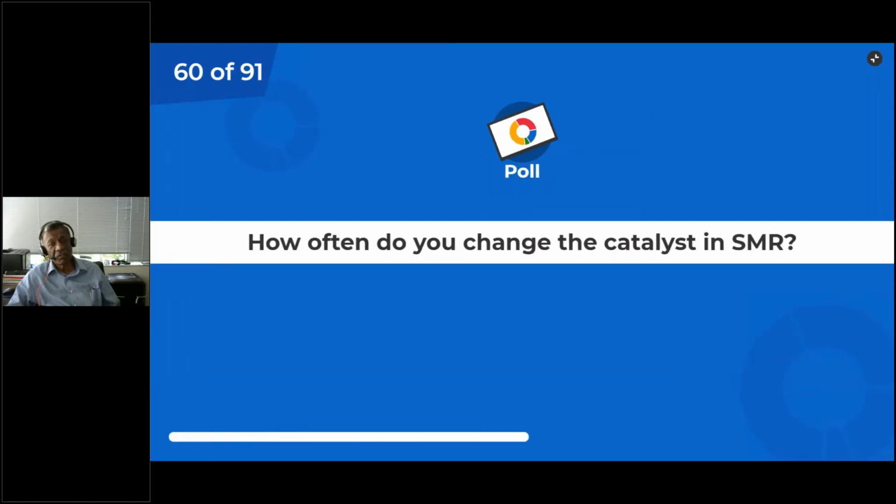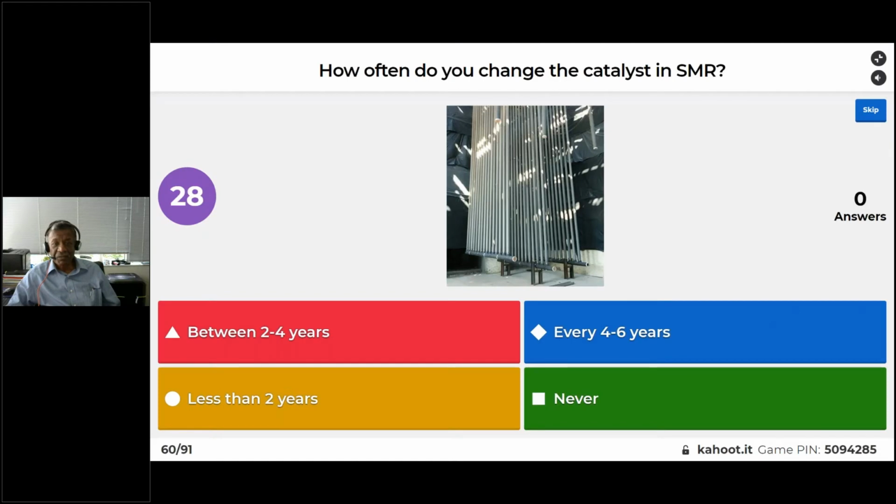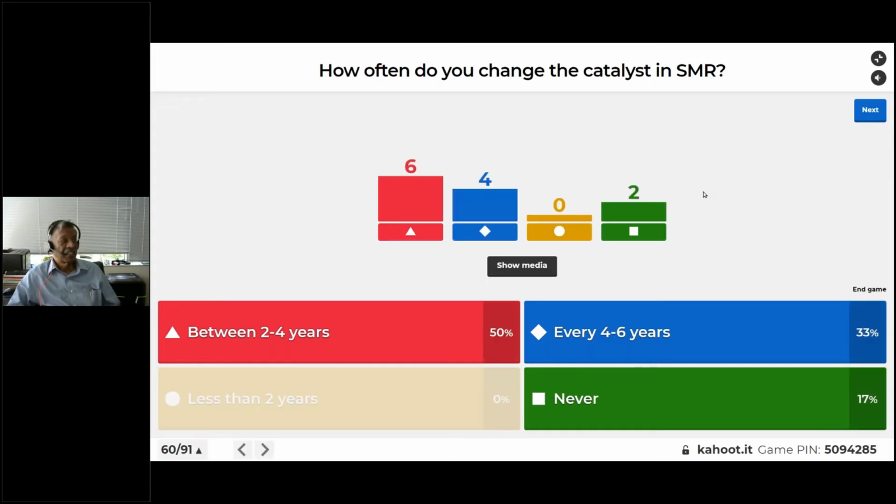So let's find out how often do you change your catalyst in your SMR furnace. All right, so most of the people are changing 2 to 4 years.